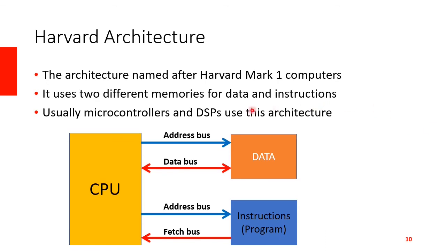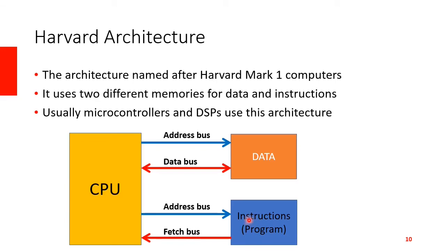One main difference between von Neumann and Harvard is that in von Neumann architecture we had one single memory space where we store both data and instructions, but in Harvard architecture we store data, those are the variables, and the program or the instructions or the code in another memory.